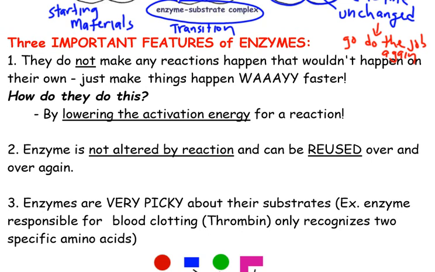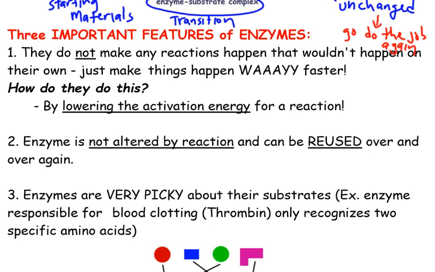So a couple important things. Enzymes, they're not magic. So these reactions are happening, regardless if you have the enzyme or not. People that are lactose intolerant, they are not making the enzyme lactase. So their body is breaking down lactose at a much, much slower rate.